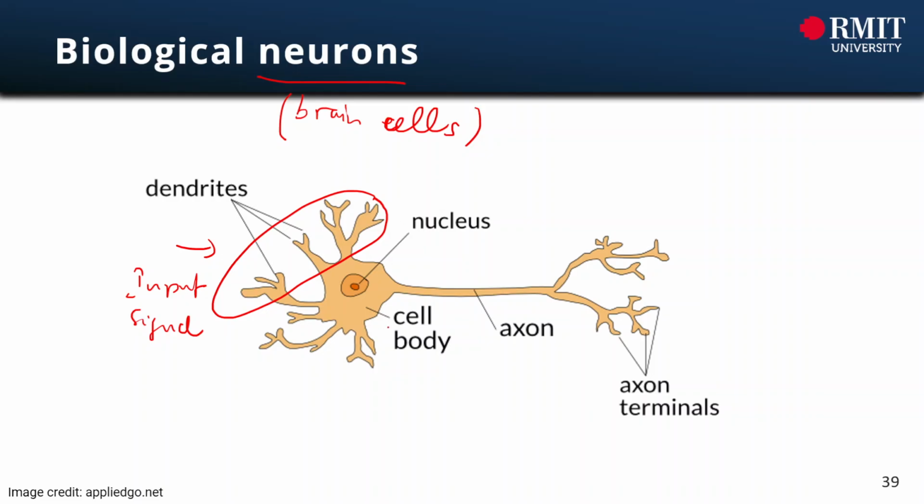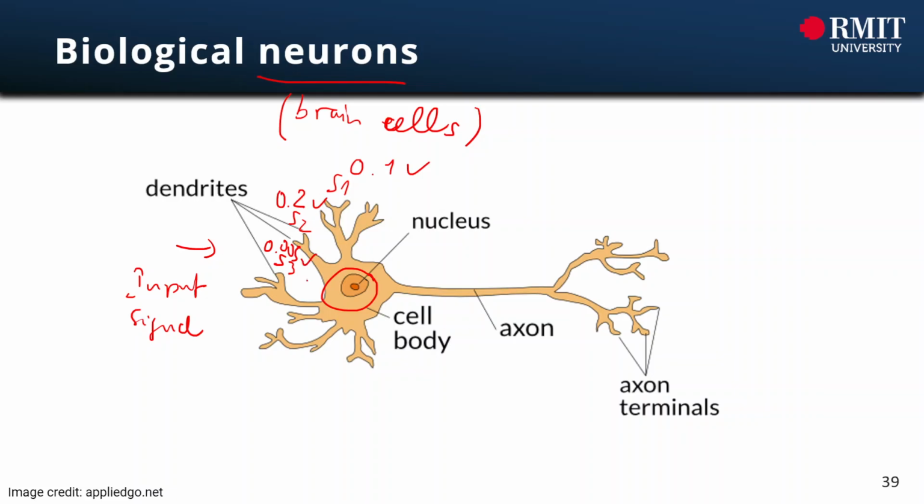And when the input signal goes into the dendrites, it gets into the place we call the cell body. The cell body is the place that combines the signals from the dendrites. Let's say the dendrites get signal 1, signal 2, signal 3, in electricity: 0.1 volt, 0.2 volt, 0.05 volt, something like that.